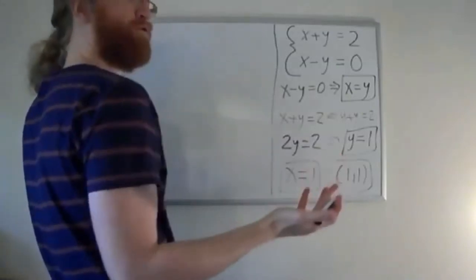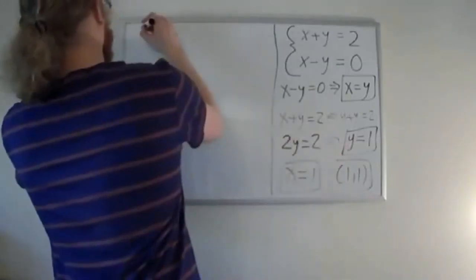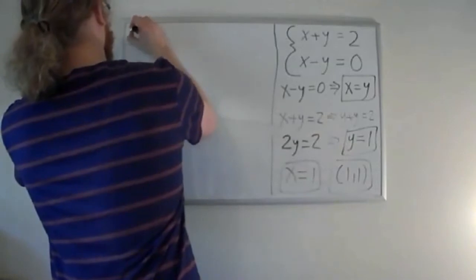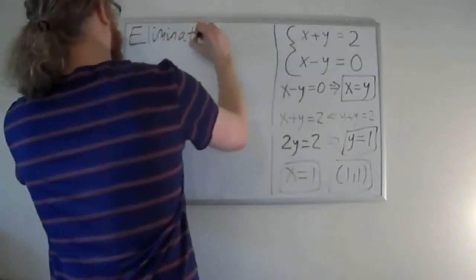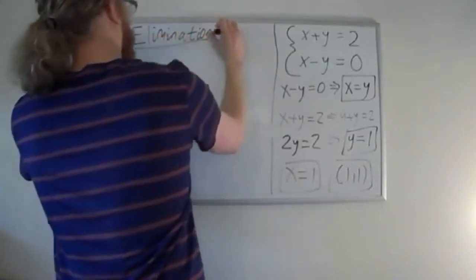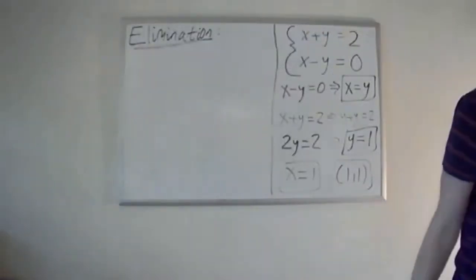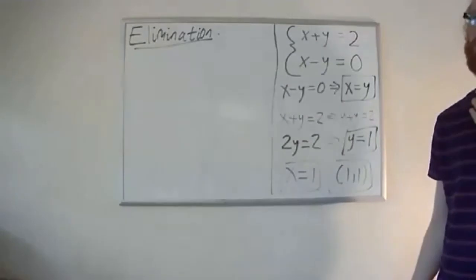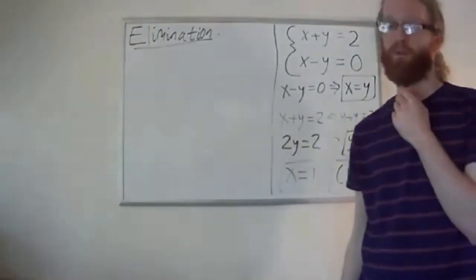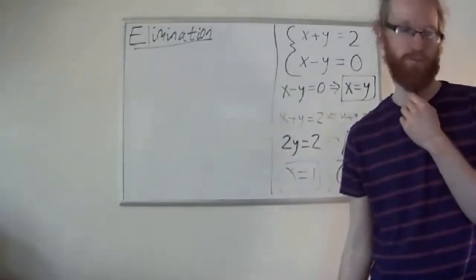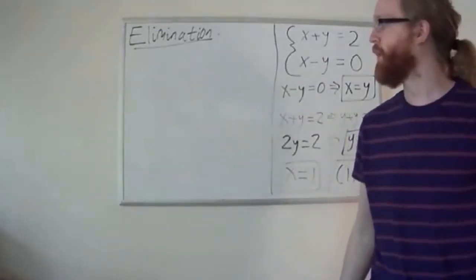So one method is substitution. The other method is something that your book, I think, calls elimination. I think this goes by different names depending on who you ask. Maybe in J111 or M018, if you took that, it might have been called the addition method or something. I don't know.